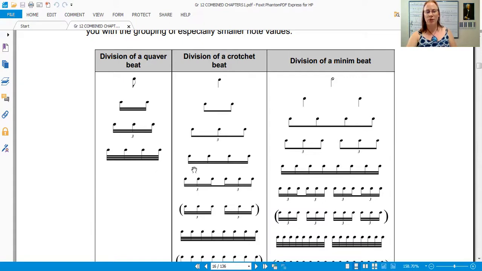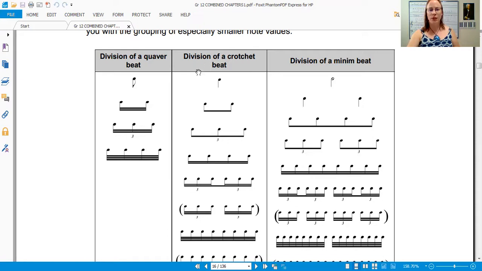And then if you go further down, there are different ways to do it. You can see that here they've been placed on one beam. Using this, you can still see it belongs to the same beat, but you can also, of course, split it up into 2 groups there.